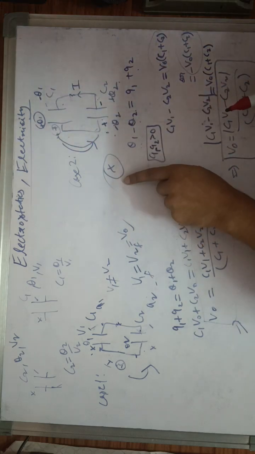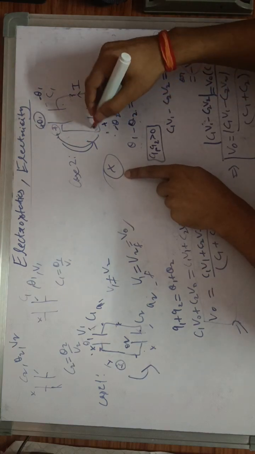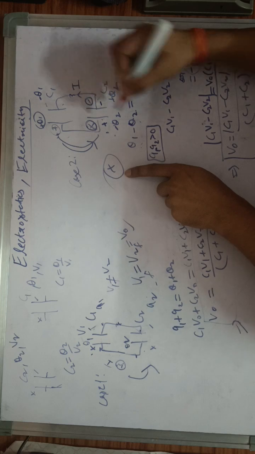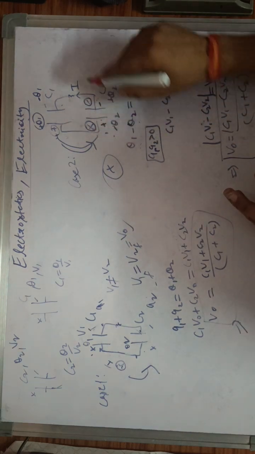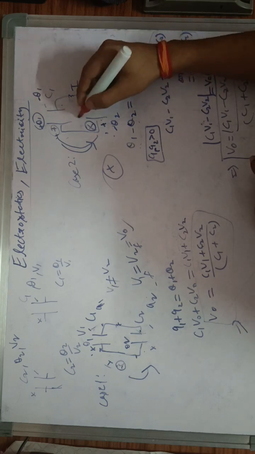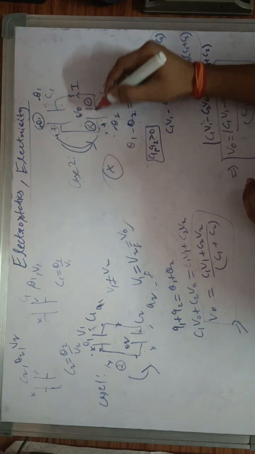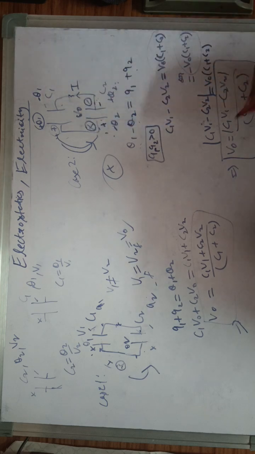So the side which has total positive charge will get positive potential in the end, and this side would get negative potential, and that would tell the direction of the potential difference. V naught would be the potential difference across this, where this is higher and this is lower potential.